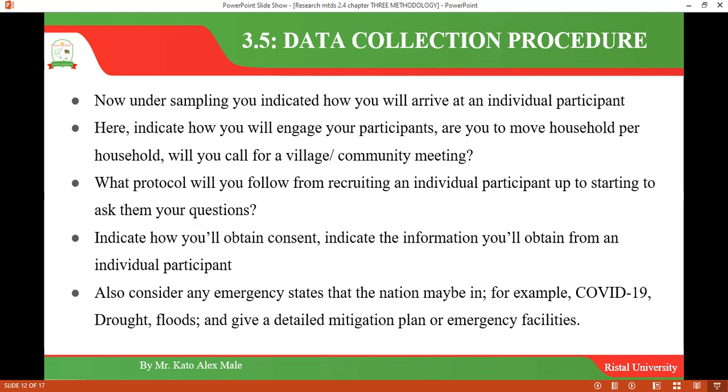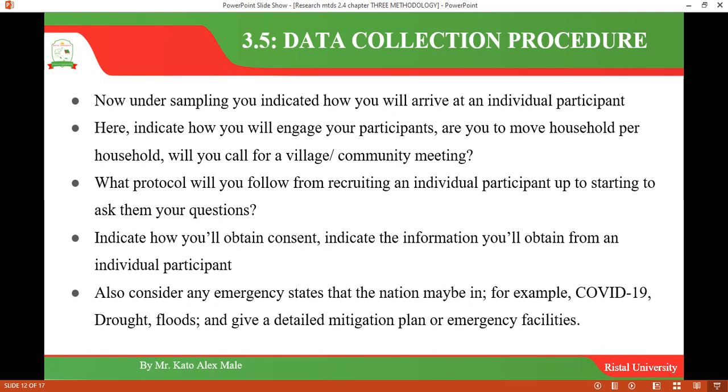Also, you must consider emergency states that the nation may be in, for example, COVID-19, droughts, floods. You must give us a detailed mitigation plan or any emergency facilities that you are going to put in place to mitigate the current emergency states that the country is in.